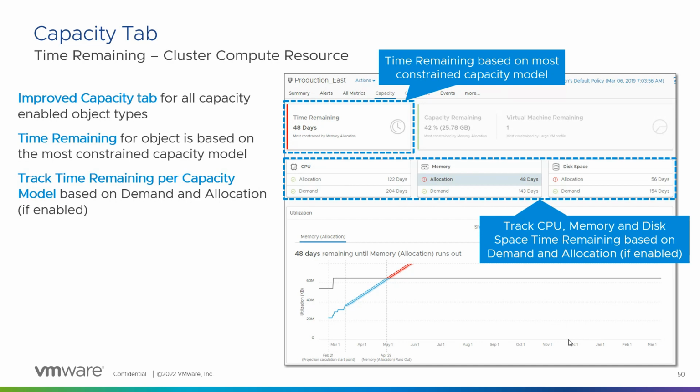And it says, okay, my most constrained here is 48 days for time remaining, based on memory allocation. Because that's the most constrained, that's what it says the time remaining is for that particular object. It could be a cluster, virtual machine, whichever object I'm on. This is showing me the most constrained time remaining of all of the different capacity models. Hopefully that's clear.